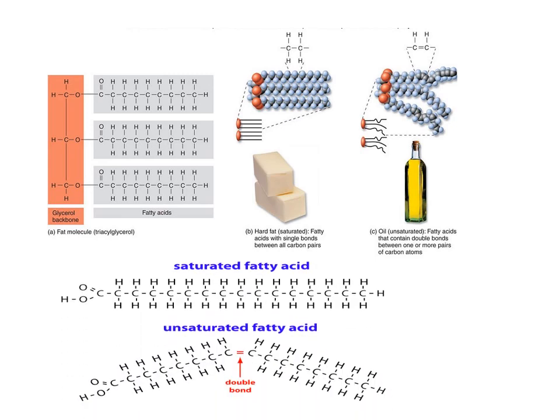So right over here you see a saturated fatty acid with no double bonds, but the unsaturated fatty acids have a double bond between carbon atoms somewhere in the carbon-hydrogen chain. So this results in a bending of the structure of the fatty acid. And because of this kink, the fatty acids cannot stack together. So they are liquids at room temperature.